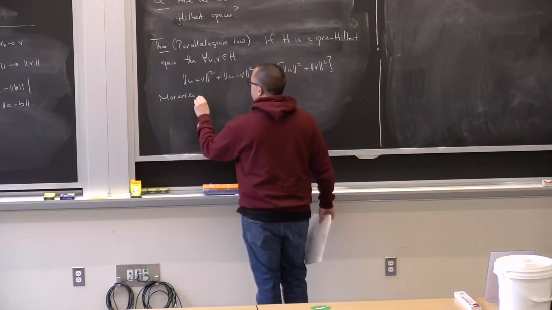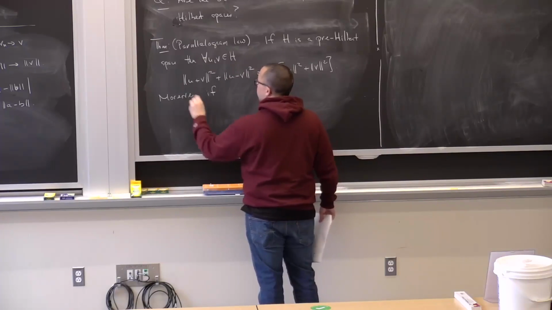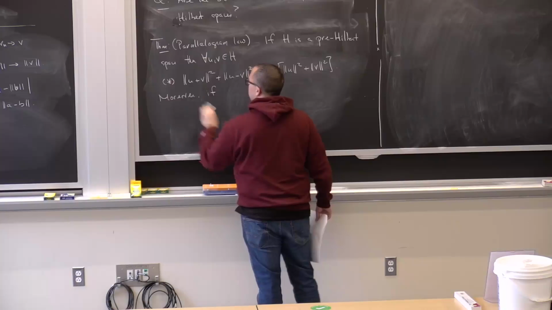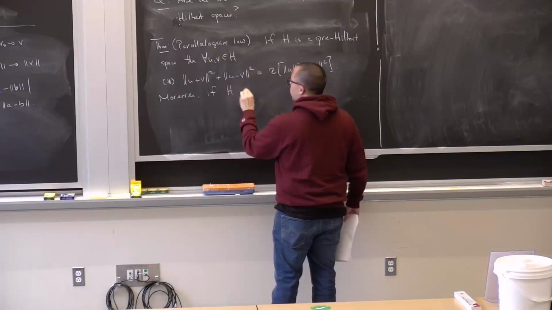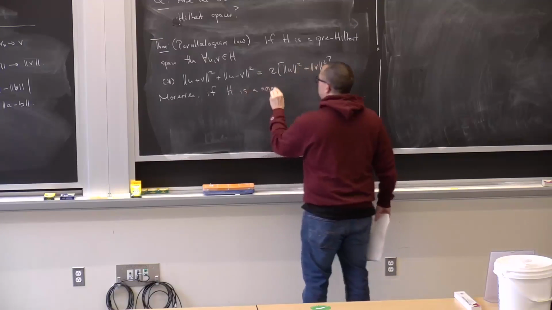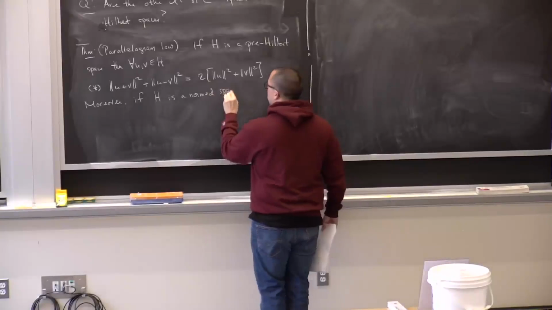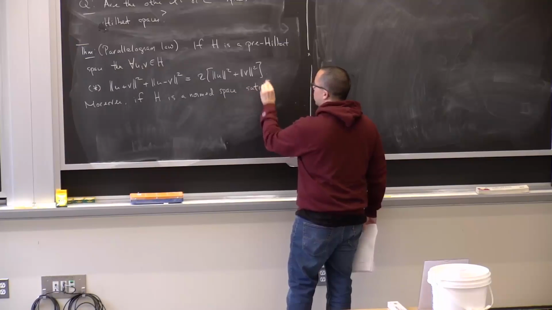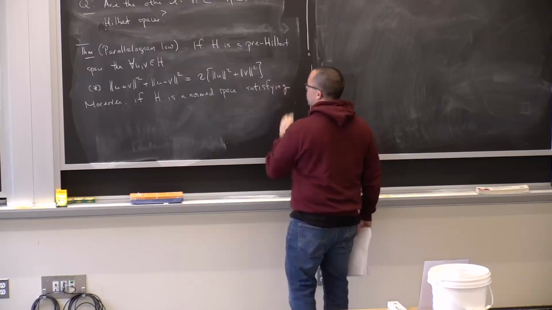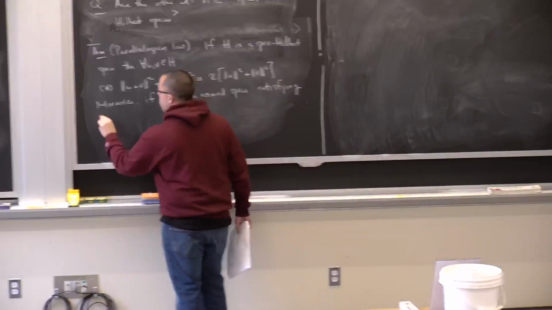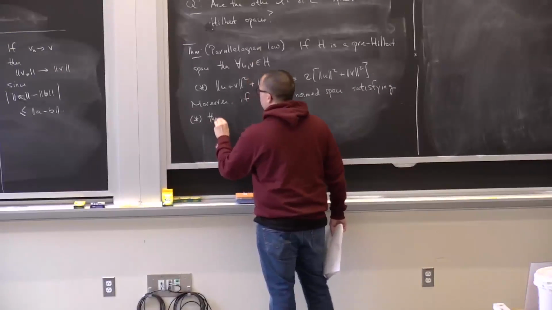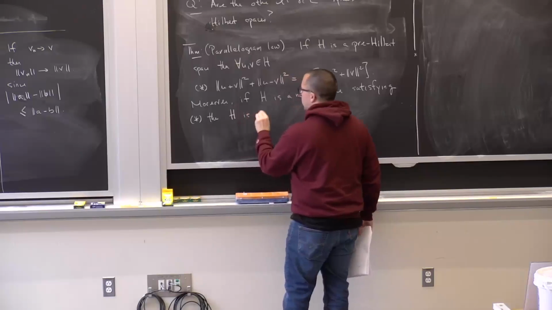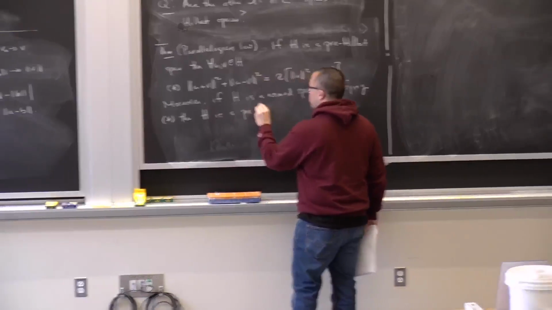Moreover, if H is a norm space satisfying star, then H is a pre-Hilbert space.